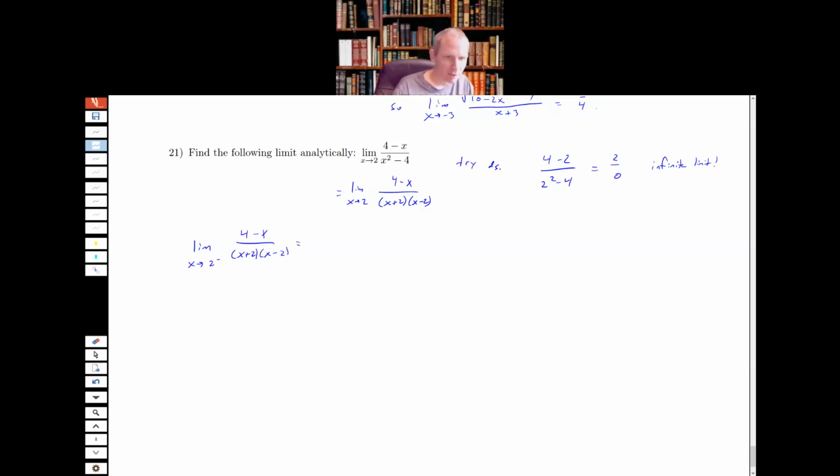When I plug in something close to 2, 4 minus about 2 is going to give me about 2, which is positive. 2 plus 2 is about 4, so that's a positive. 2 minus 2 is about 0, but if I'm approaching from the left, I'm looking at less than 2, so when I subtract 2, I get negative. So this is a negative infinity.